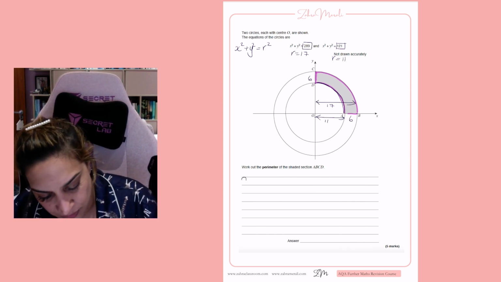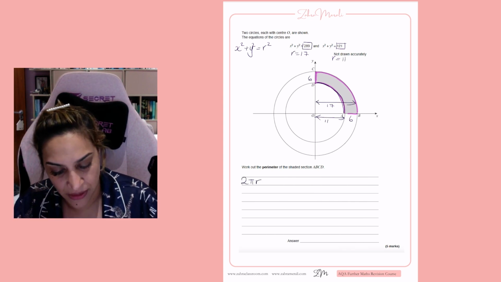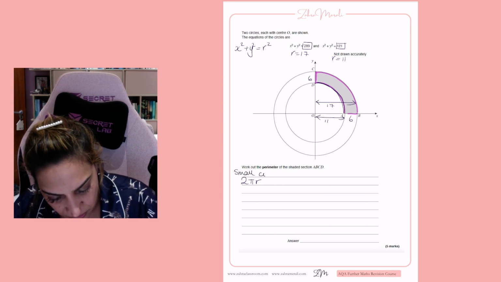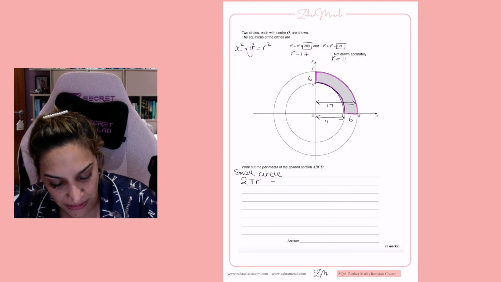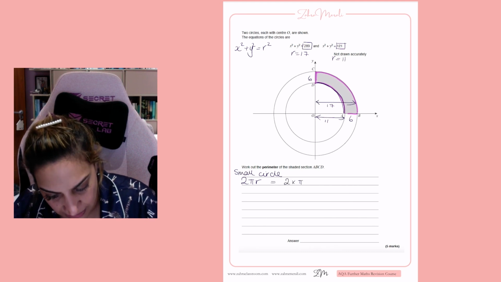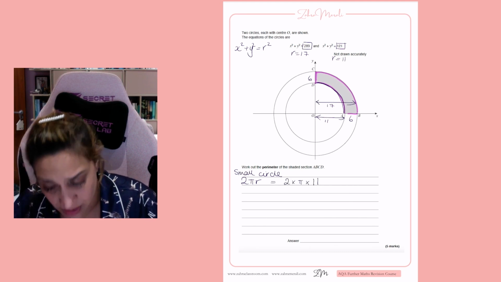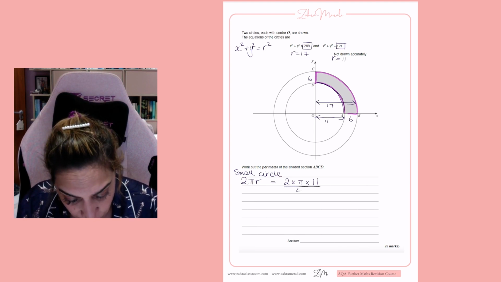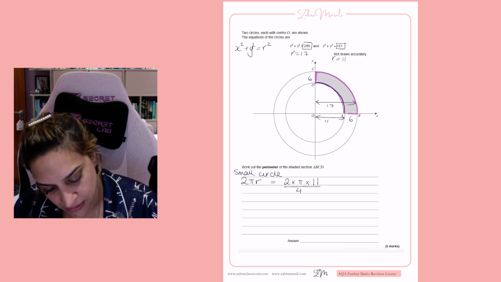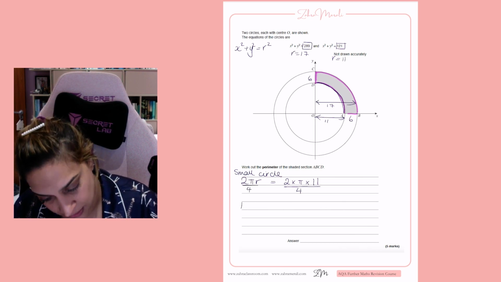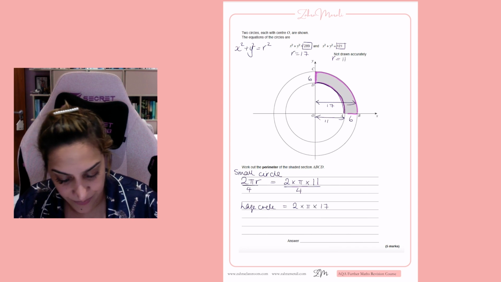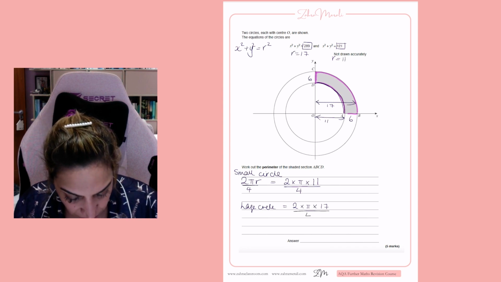If you remember, the formula for circumference is 2 pi r. So the small circle is going to be 2 times pi times 11, but I've only got a quarter of it, so I'm going to divide that by 4. The large circle is going to be 2 times pi times 17 divided by 4.